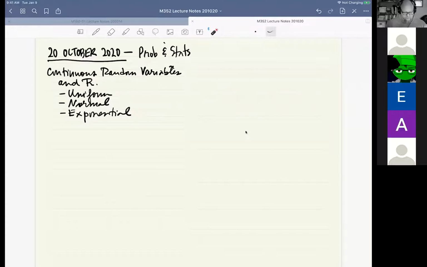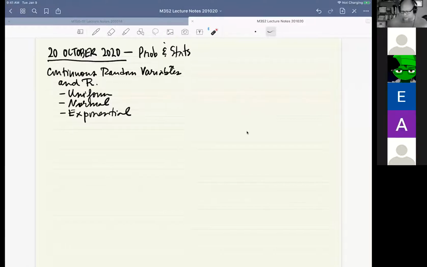I want to go over these pretty quickly and go through some examples of how they're used, and that's where I want to spend more of my time. And on the way, I'll show you some R commands that allow you to calculate with these.